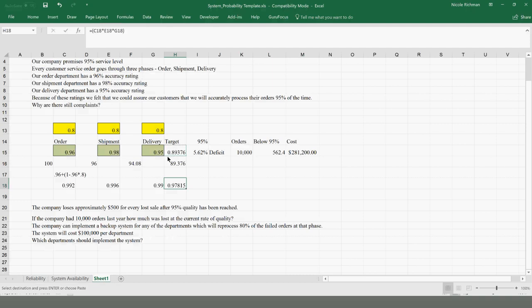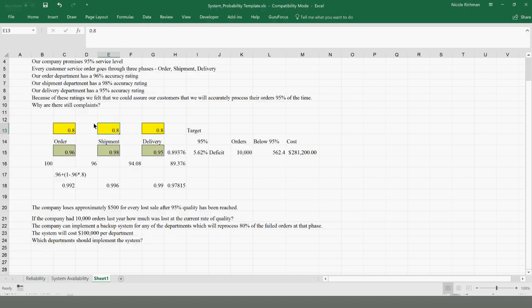So if we implemented it in all three, we would have a 0.978 level of quality. Much better. However, again, that's $300,000. We only have $280,000 in costs. So we want to take a look at which two would be best to implement this in.